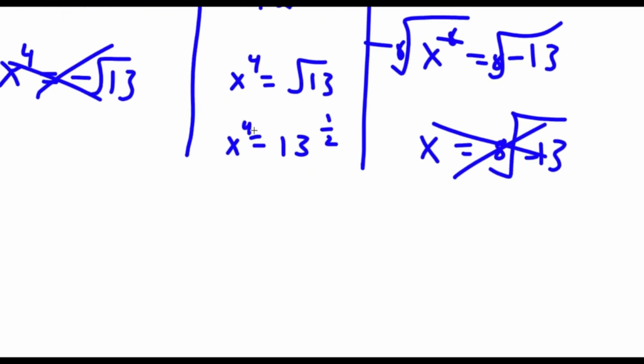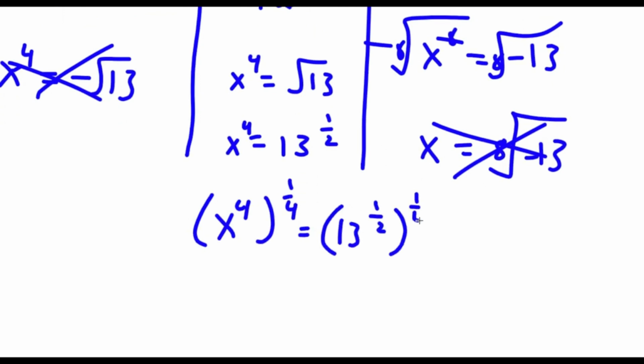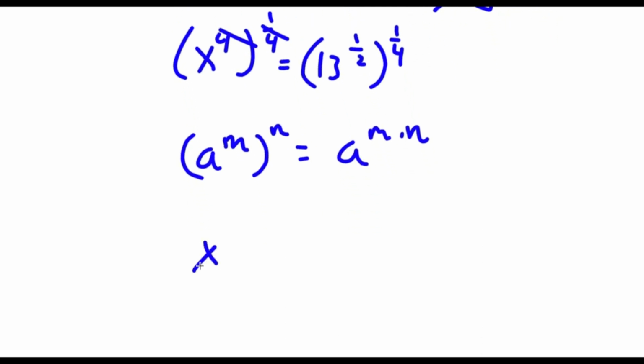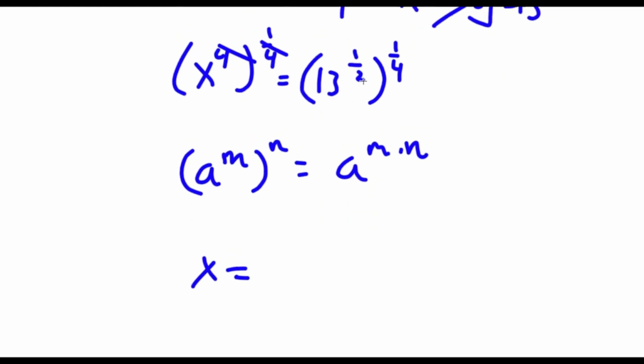So now if I take the power of 1/4 on both sides, now if I have something in the form a to the power of m to the power of n, this is equal to a to the power of m times n. 4 times 1/4 is 1, so these two cancel out. So now I have x is equal to 1/2 times 1/4 is 1/8, so 13 to the power of 1/8.